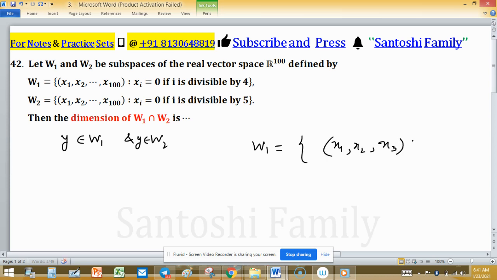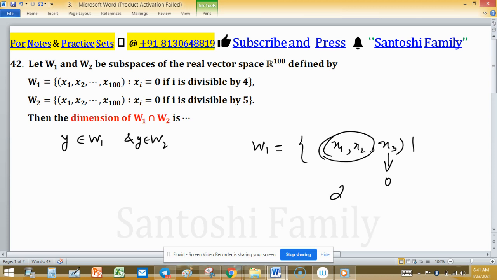If one of them is 0, then the dimension of W1 will be 2, because we are bound to take this position as 0. So we are independent at only two choices, and the number of independent choices is known as the dimension. The number of independent choices means the number of linearly independent vectors.